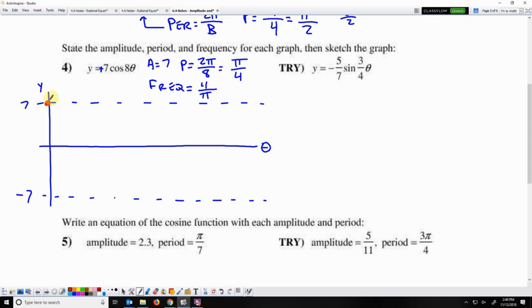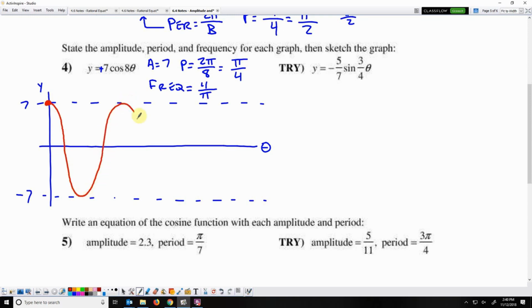So it's going to start right there. From this point, we can just sketch a couple of cycles and then put in a couple of radian values. When we start at the top or the bottom, it's going to be curvy. We don't want it to come straight down out of that. It needs to curve from the top or the bottom.